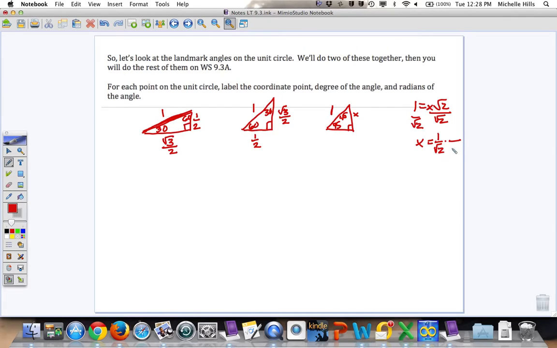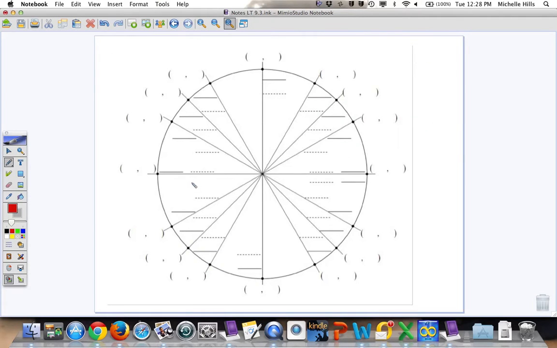So multiply by the square root of 2, which is going to make that 2. Square root of 4 is 2. Same thing in the numerator, though, so I'm multiplying by something equivalent to 1. 1 times the square root of 2 is the square root of 2. So if the hypotenuse of this 45, 45, 90 triangle is 1, then each of the legs is equal to the square root of 2 over 2. I need to know those to be able to do the rest of this.